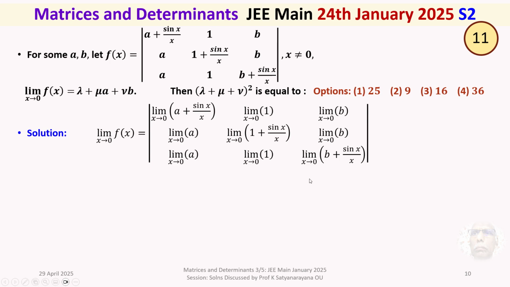It amounts to this one only. Now, this is equal to a, the limit as x tends to 0 of a is a, plus the limit as x tends to 0 of sin x by x is 1. This is b, this is a, this is 1 plus 1, b. A, 1, b plus 1.